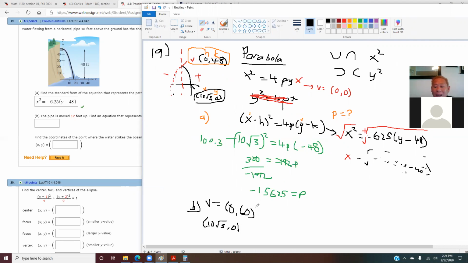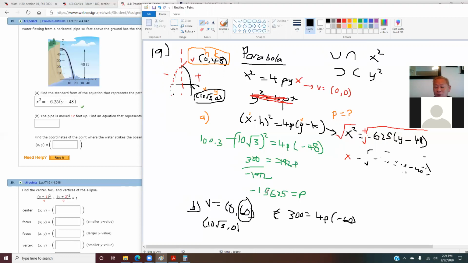But now your k is 60. I think you have to redo the whole process again, okay? This one is still 300, because 10 root 3 squared is 300. 4p times, we don't use negative 48 now, we use negative 60.